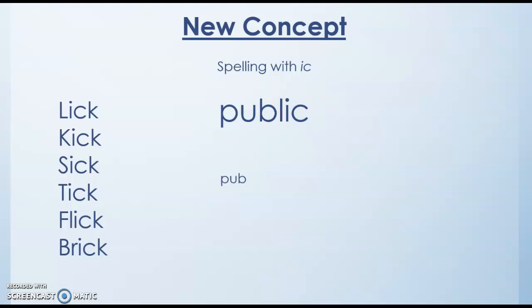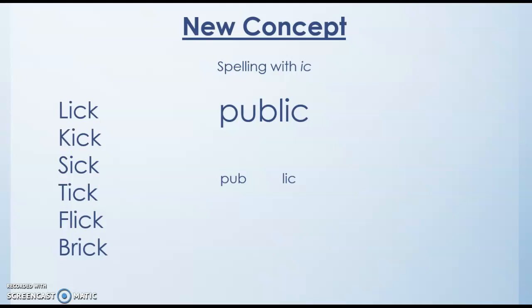If you didn't, it's because public has more than one syllable. When that IC sound ends a word that has more than one syllable, you're going to hear the word, you'll hear it next year too, multisyllabic. Sounds like a crazy word, but it just means more than one syllable. Multi means more than one, and syllabic means syllable. So don't be nervous when you hear that.